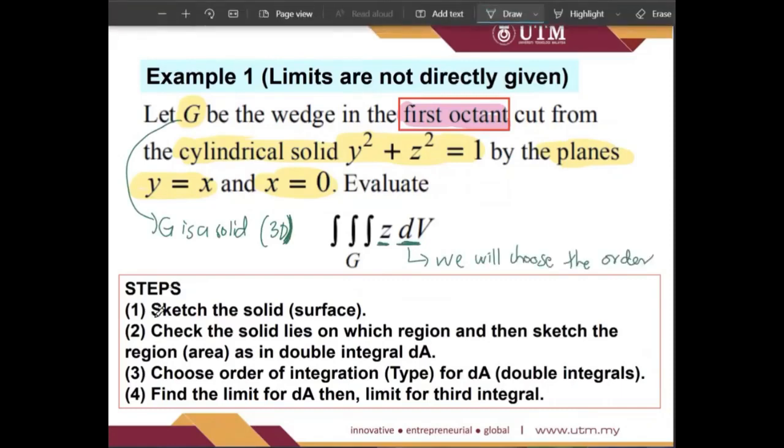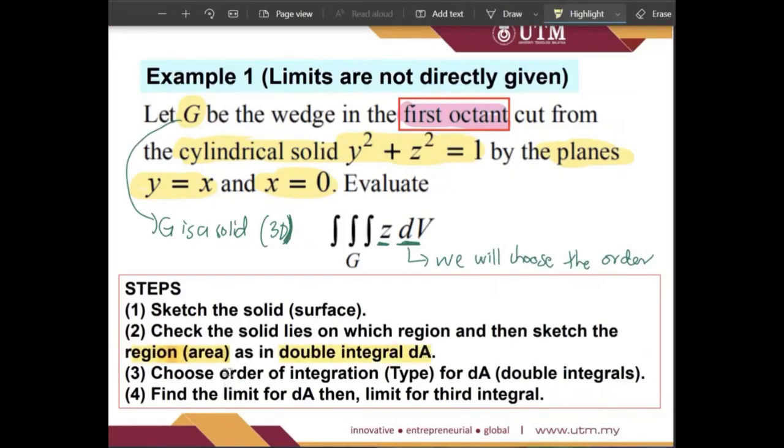You see the steps. First, sketch the solid, which is G. Then check which region the solid lies on, and sketch that region. You remember before this we learned about the double integral, so this is the double integral dA.